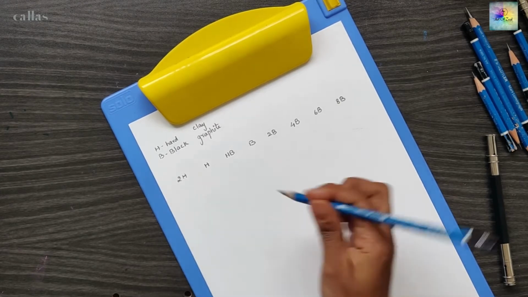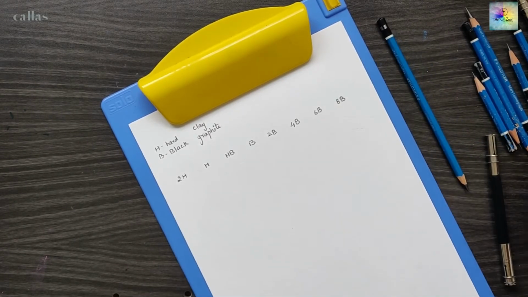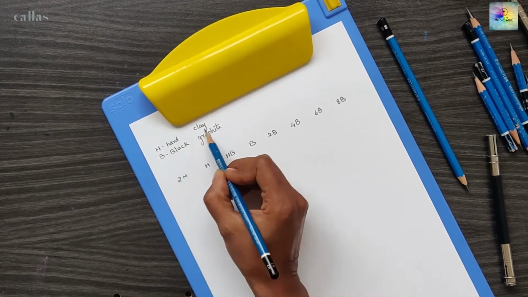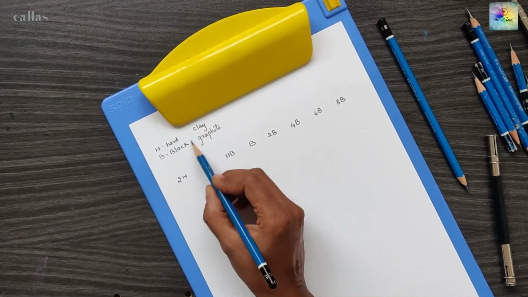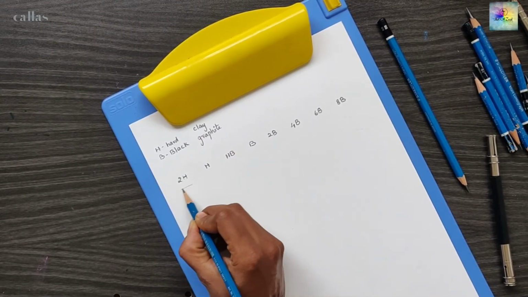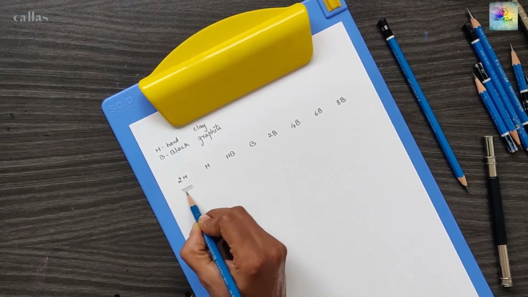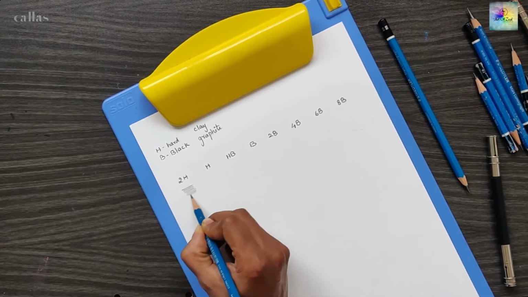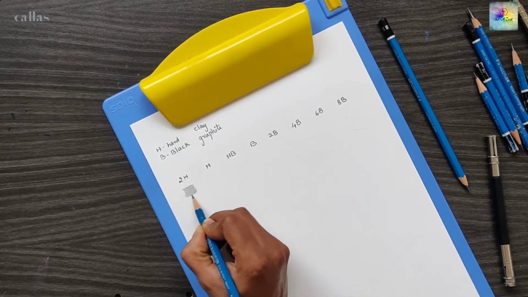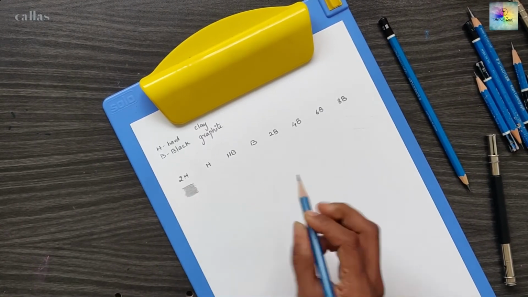So when you come to H, from H to 2H, where the composition of hard, that is clay, will be more and graphite will be less, the pencil will be very light. If you see the shades, it is very light. Even if you press more, it will be very light because there is more clay and very little graphite.